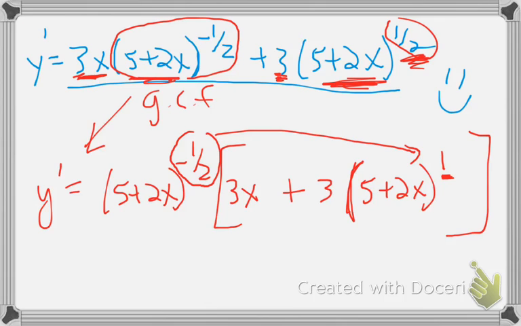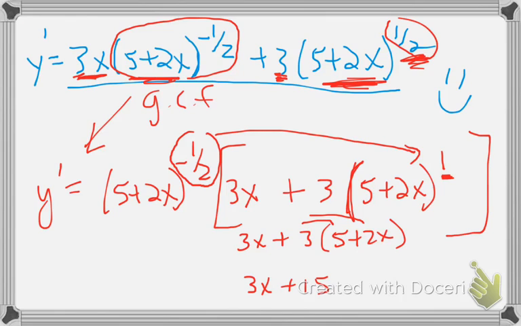Okay, so since that's just a 1, we can clean a lot in here. You've got 3x plus 3, and then you've got (5 plus 2x) raised to the first power, which doesn't do anything to it. So you can clean it up: 3x plus 15 plus 6x, all of that going inside those parentheses.